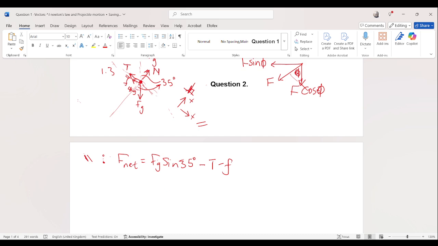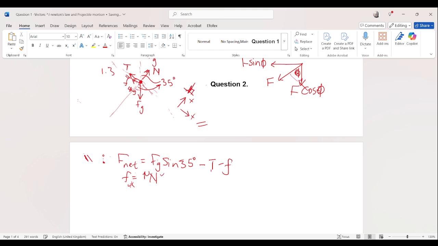And we all know that friction of the 4 kg is given by mu times normal force. Now, we don't have the normal force yet. We do have mu.